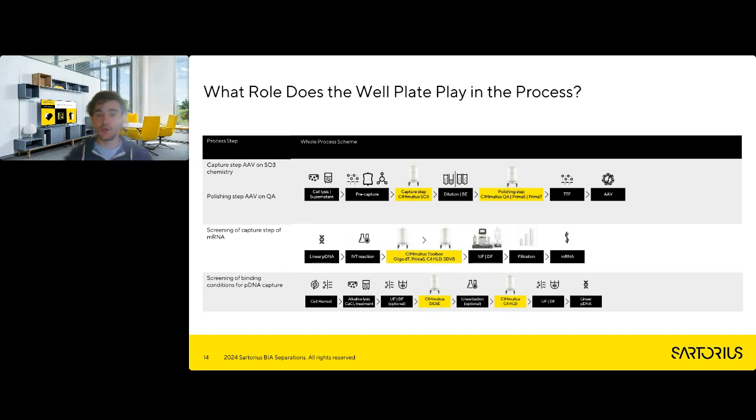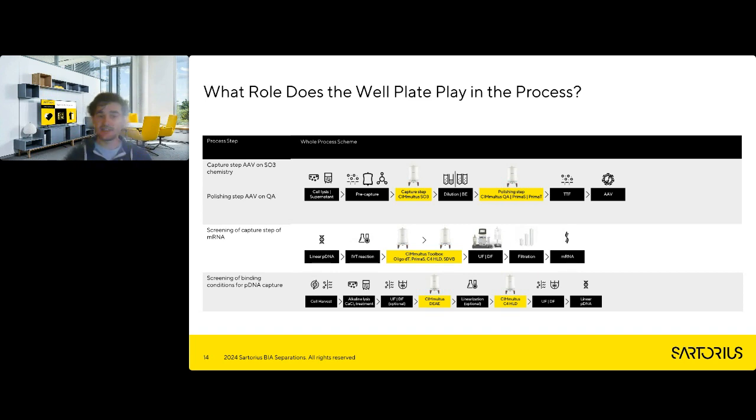So where would we use our SIM monolithic plates? We would use them everywhere in our process where chromatography is used as a purification step. For AAV, we can use it as a capture step with the SO3 chemistry, and later in the process, a polishing step on the QA.